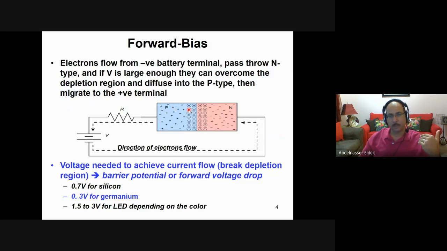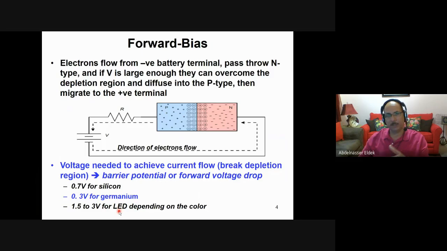And this is what we call the barrier potential or forward voltage drop. This voltage is different from one material to another. If it is silicon, for example, it's 0.7 volt. Germanium, it is 0.3 volt.